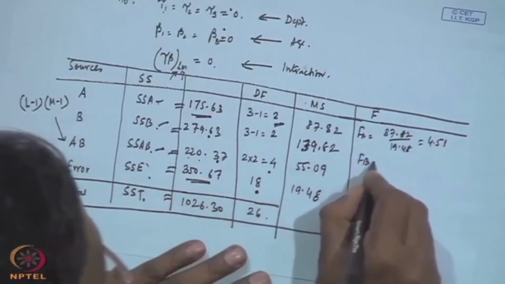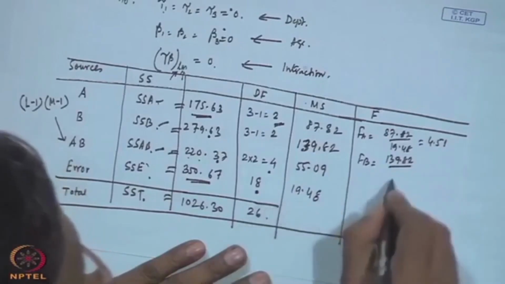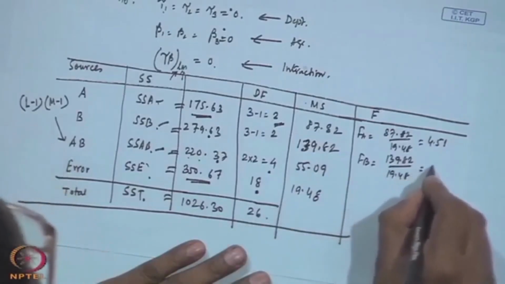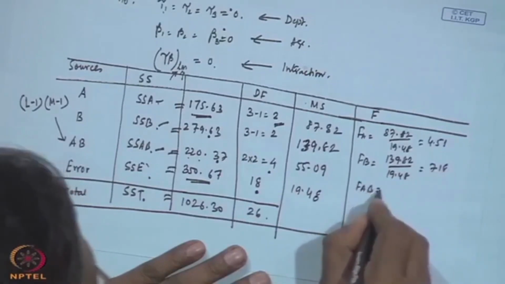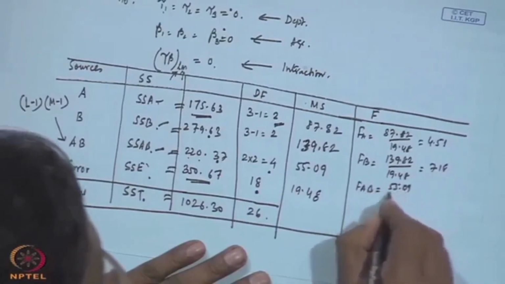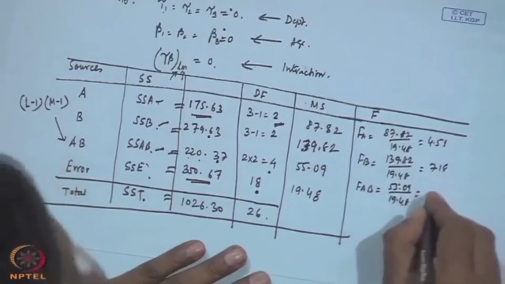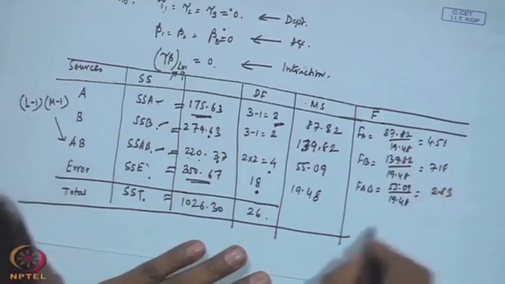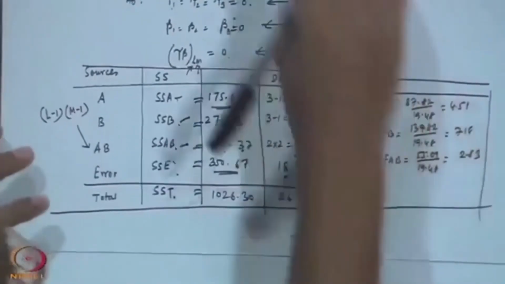Then FB, 139.82 by 19.48. This value is 7.18. Then FAB, which is 55.09 by 19.48, which is 2.83. So, your ANOVA table is ready.